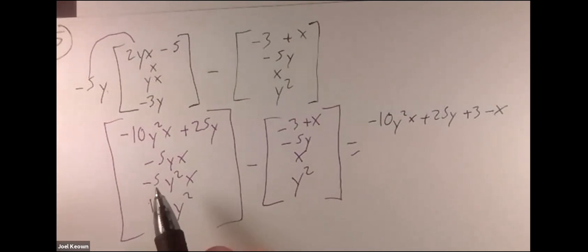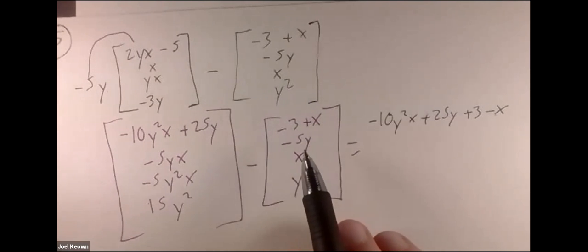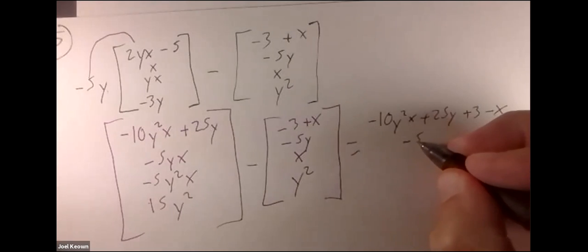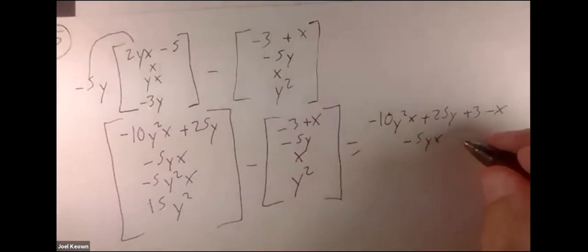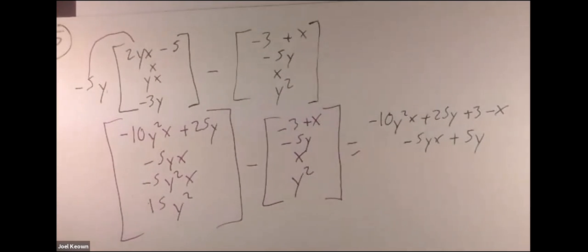So my next one, I have -5yx and then 5y. Not like terms, so I'm just going to list them out. -5yx, distribute my negative, and that becomes positive 5y. The next one, -5y squared x, just an x.